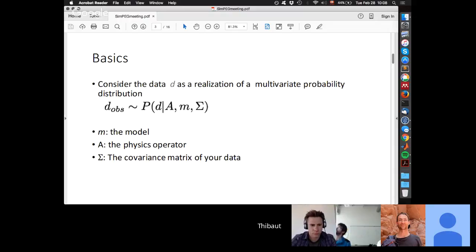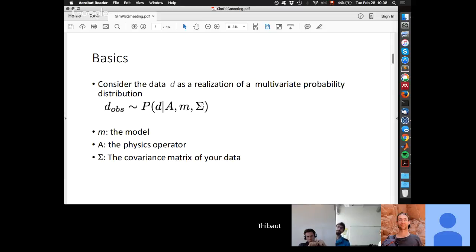The first thing is that we have our data D, and we're going to consider it as a realization of a multivariate probability distribution, P of D, knowing my physics, my model, and some covariance on my data.